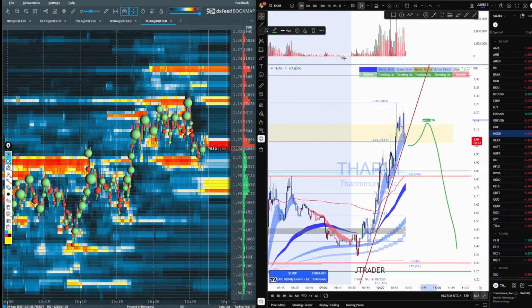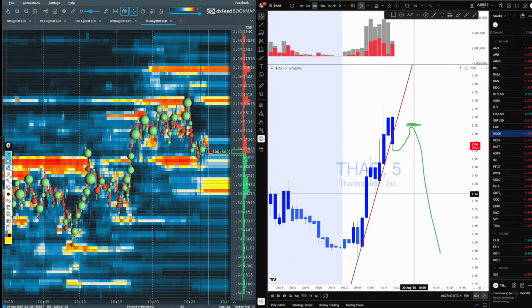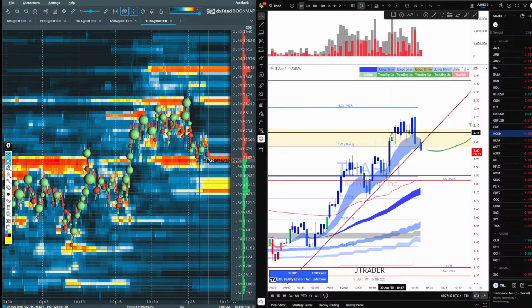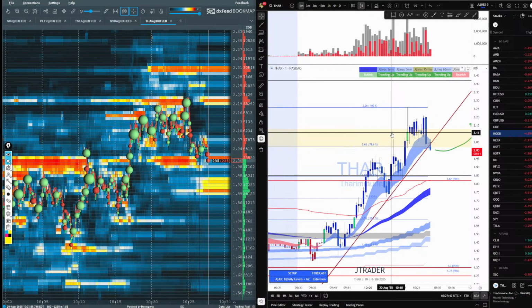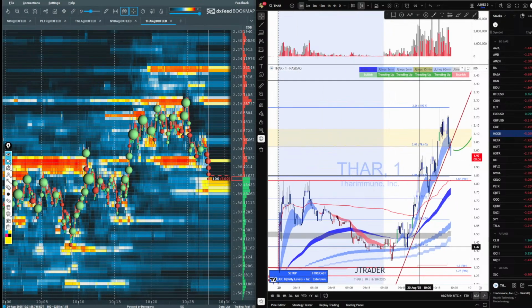Yeah, on the 5 minutes, sometimes you don't see the trend line that good. The 1 minute seems a little bit more precise, but you can do it on the 5, the 3, it's definitely the same.